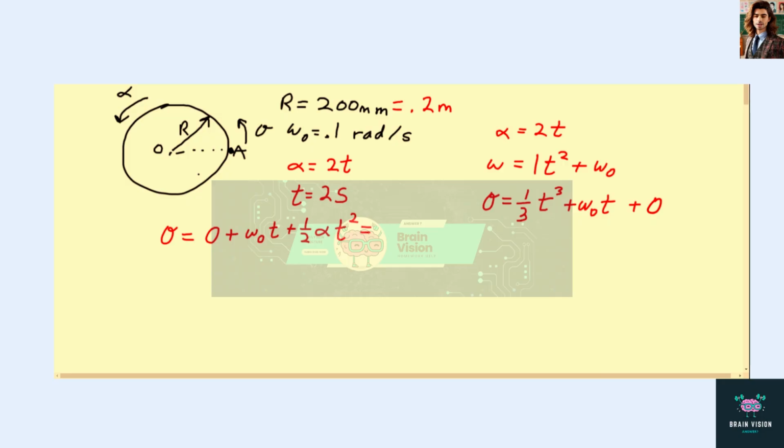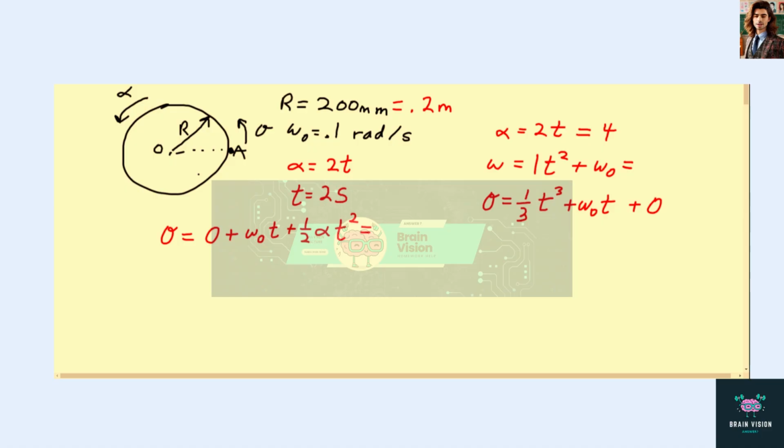So we can go ahead and figure out what our angular acceleration is at time t equals 2, what our angular velocity is, and what our angular position is. So the angular acceleration will simply be 4 radians per second squared at time t equals 2.